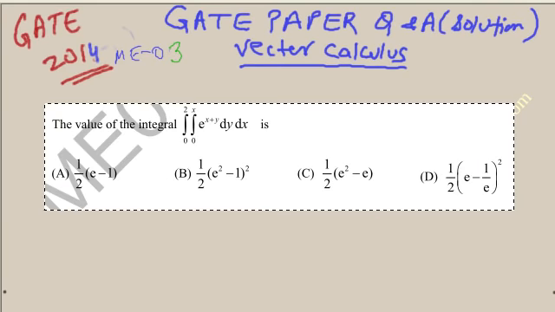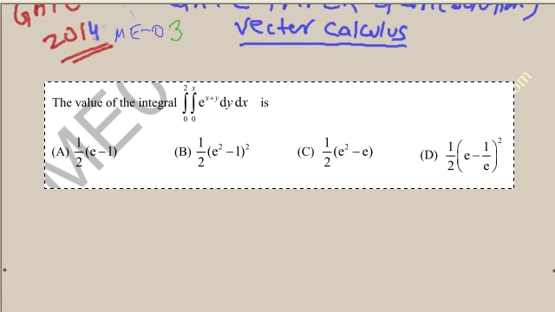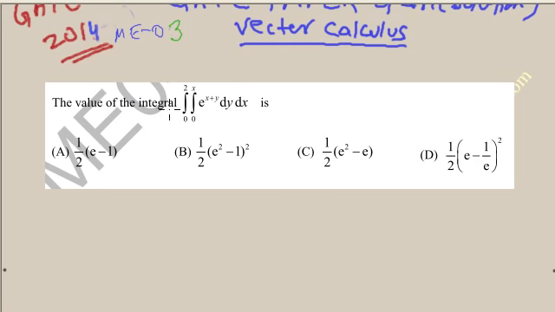Here is another question. You are required to integrate this. First, integrate it with respect to y and treat x as constant. If you do this, you will get e to the power x plus y, from x to 0.